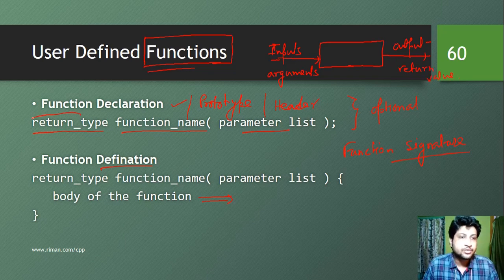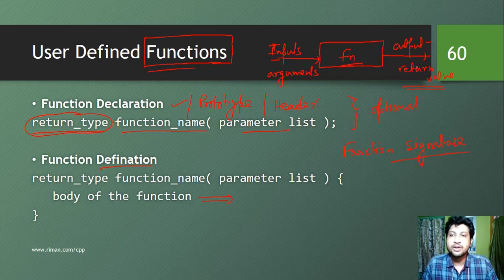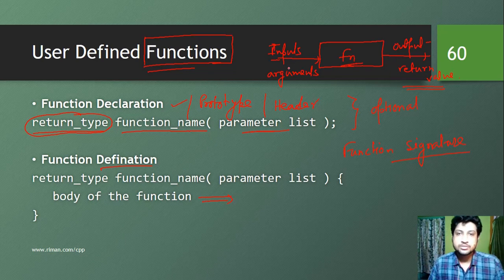So this return type actually specifies what will be the output of the function. So this is a function, suppose. So this is our function. This return type specifies what is the return value we are getting from the function, and the parameter list is the inputs. That is, what are the arguments that will be given to the functions. For that, something will be written.